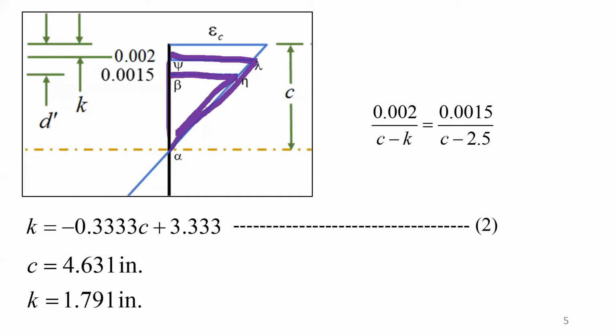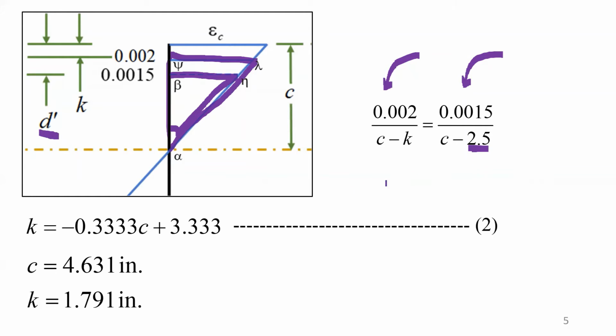Notice that both triangles have the same tangent. Therefore, 0.002 over c minus k should equal 0.0015 over c minus 2.5. 2.5, this number, represents d prime.